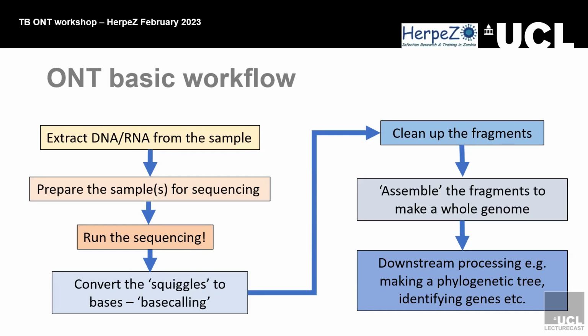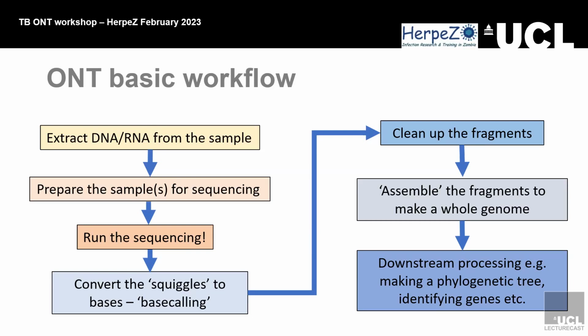So you get your DNA, and you do your library prep from the sample. Then you run the sequencing, and you get your signals, which are then transformed into the sequence of your fragments. Then you use bioinformatics to clean up your fragments and assemble them into a whole genome.